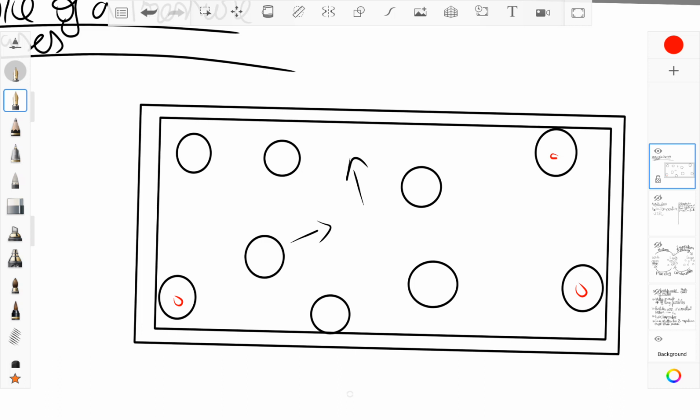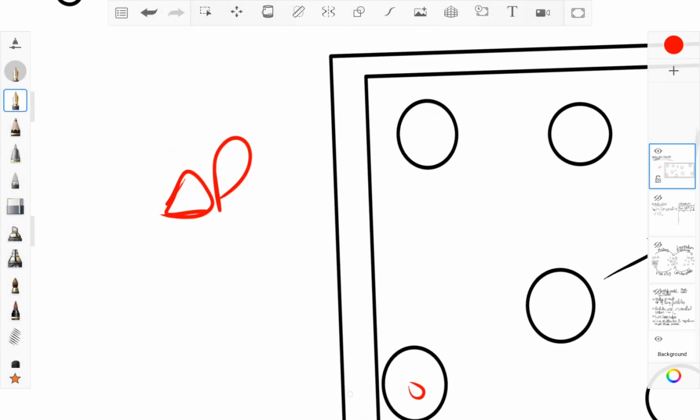Now, as one of the gas molecules collides with the container walls, there's going to be a change in momentum, which is, remember, change in P, and a change in P is just mv minus mu.